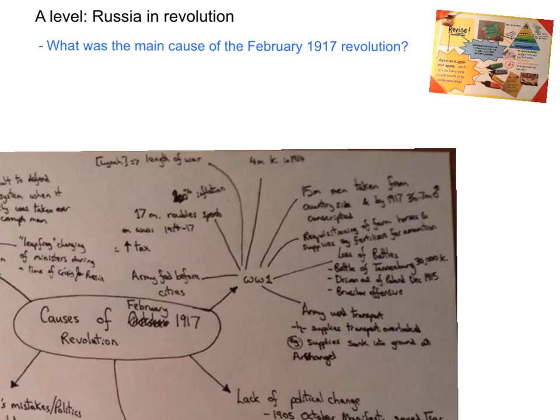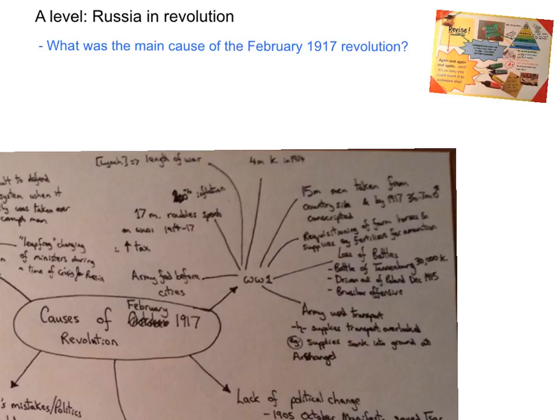All of these things caused the 1917 revolution because it means that there's social unrest, people can't afford goods and food. It means that there's a lack of food being made. If all the men are being taken from the countryside, where they're agricultural workers farming, and they're being used in the army instead, then there's not enough food being created.